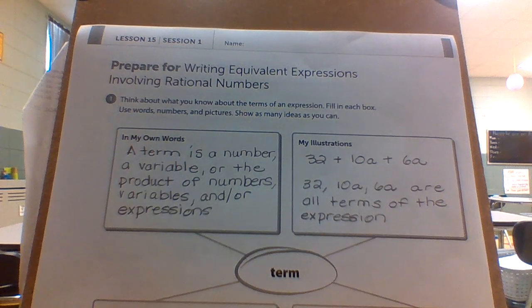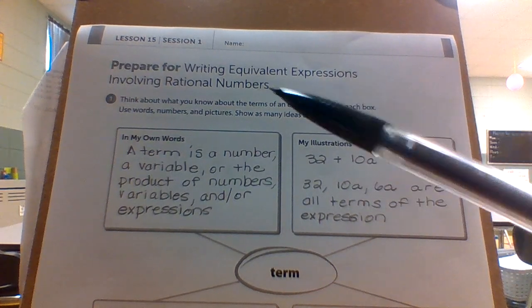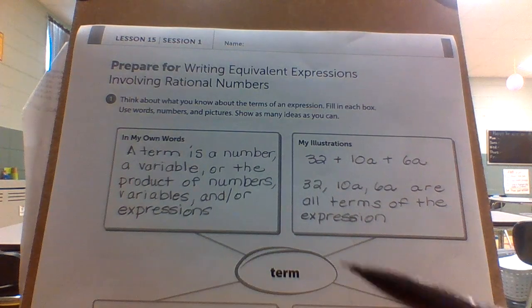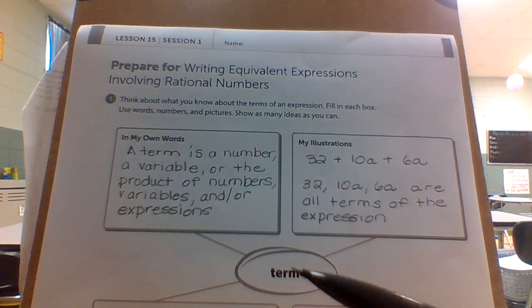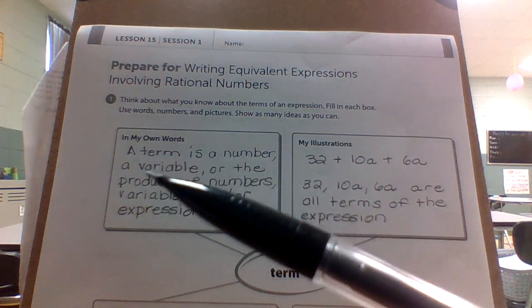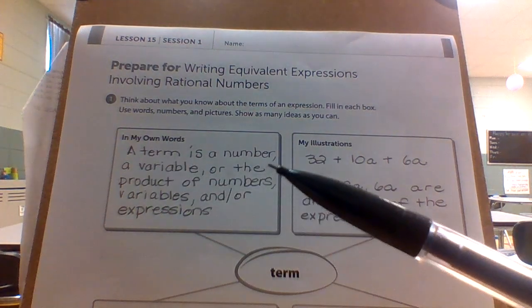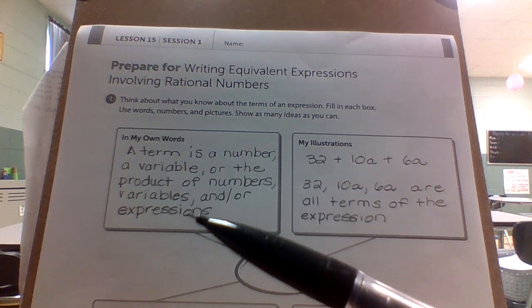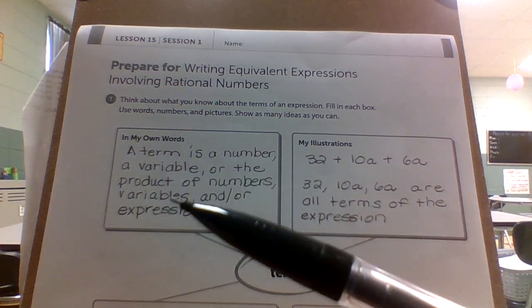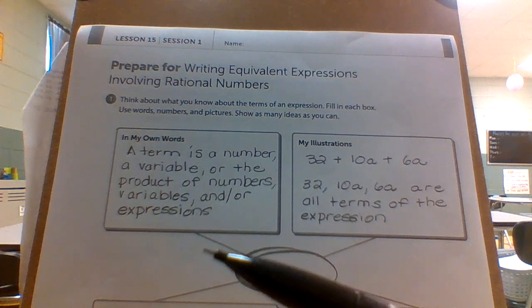Okay, on page 311, we have our graphic organizer here dealing with writing equivalent expressions involving rational numbers. And our term is term, our vocabulary term. So, in my own words, a term is a number, a variable, or the product of numbers, variables, and/or expressions.